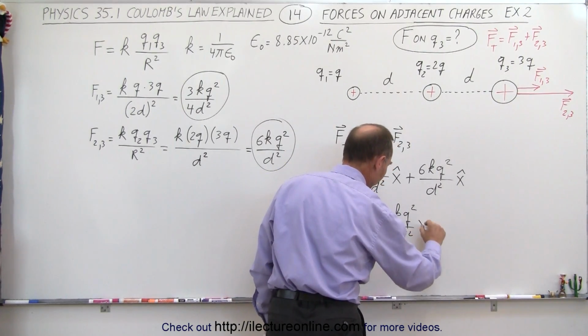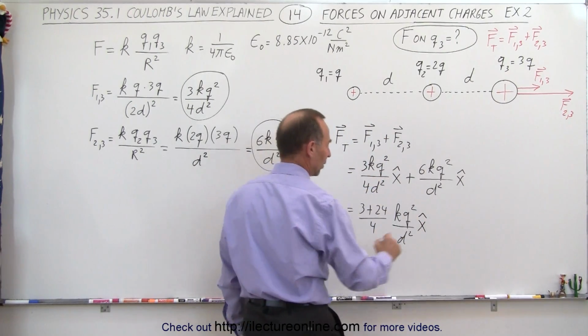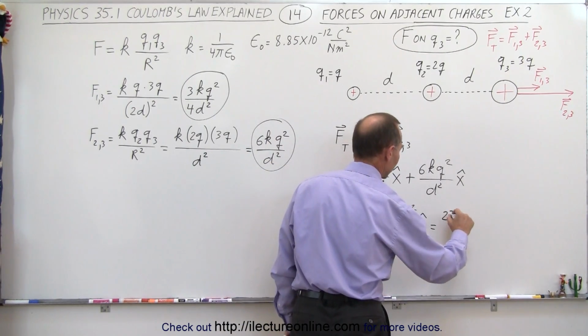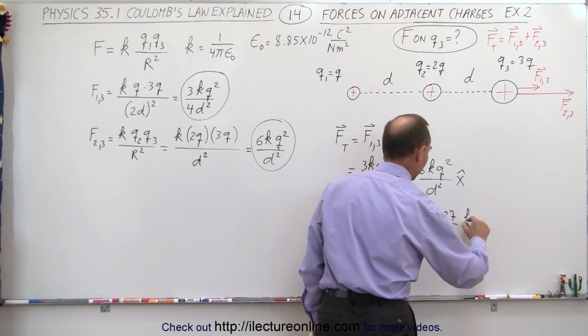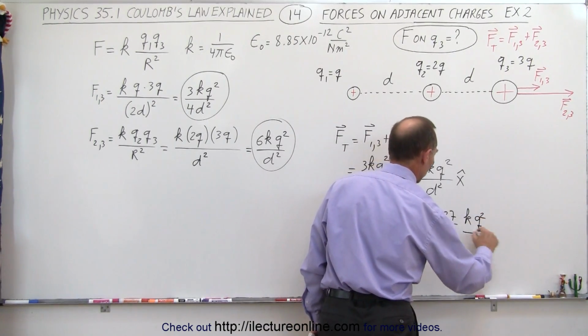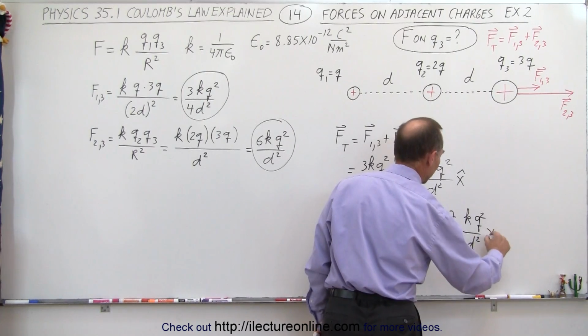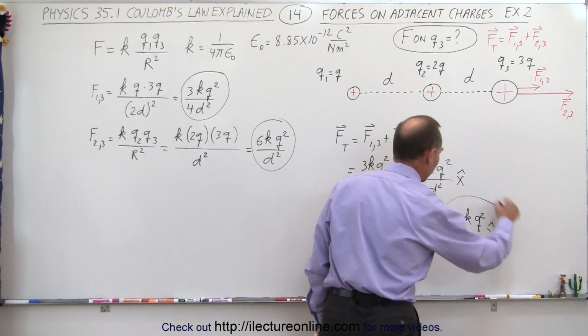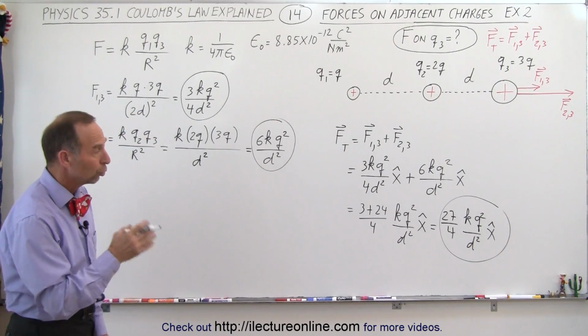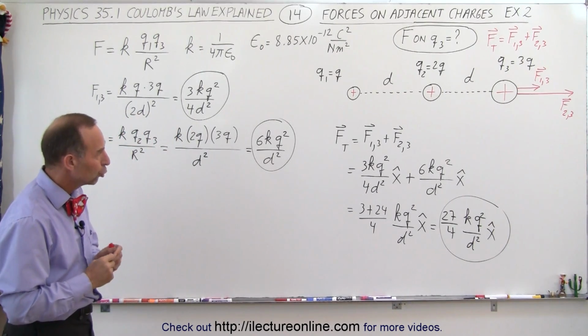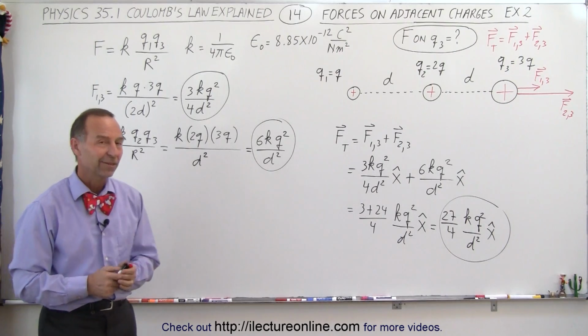This is still a vector, so it's in the x direction. And so that would be equal to 27 over 4 times kq squared over d squared in the positive x direction. And so that would then be the ultimate result, the force on the third charge due to the presence of the first two charges. And that's how that's done.